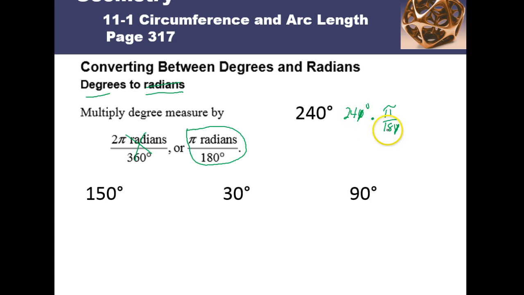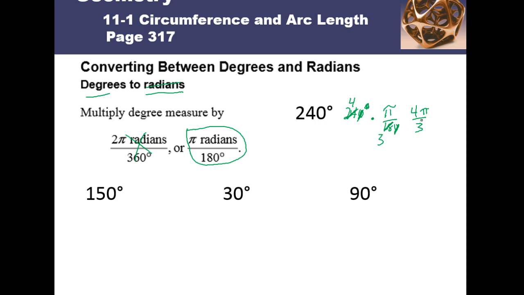And 6 goes into both 24 and 18 evenly. So 6 goes into 24 4 times, and into 18 3 times, so the degrees cancel, and it's 4 pi over 3.